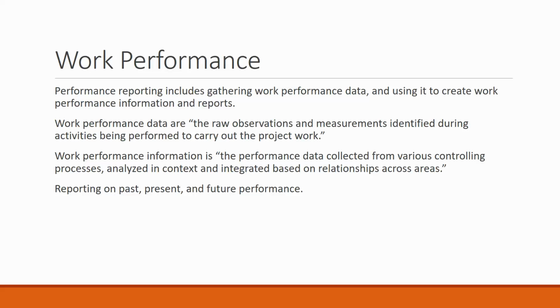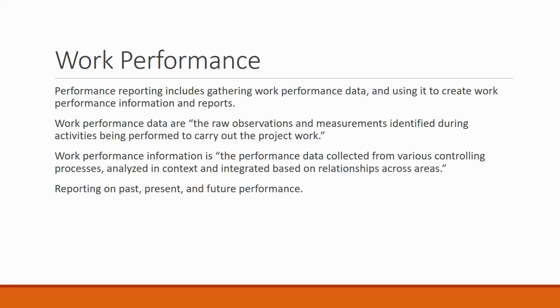So work performance reporting includes gathering work performance data and using it to create work performance reports. Work performance data are the raw observations and measurements identified during activities being performed to carry out project work.